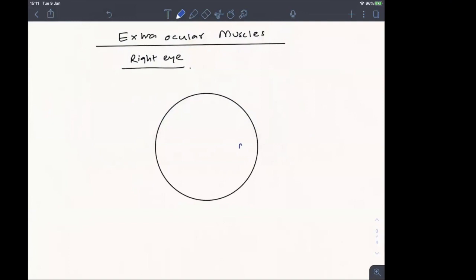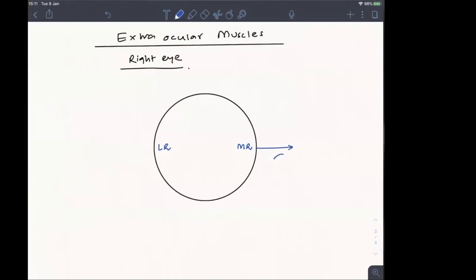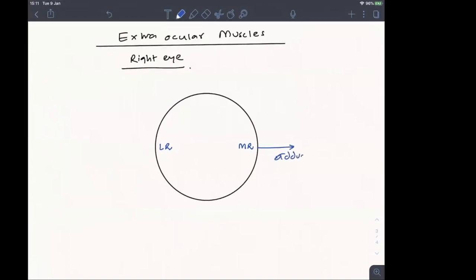First is the medial rectus and lateral rectus. The medial rectus and lateral rectus are the muscles responsible for moving the eye medially, that is adduction, and moving the eye laterally, that is abduction.